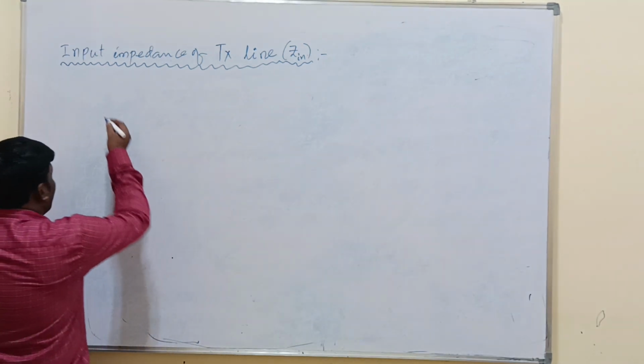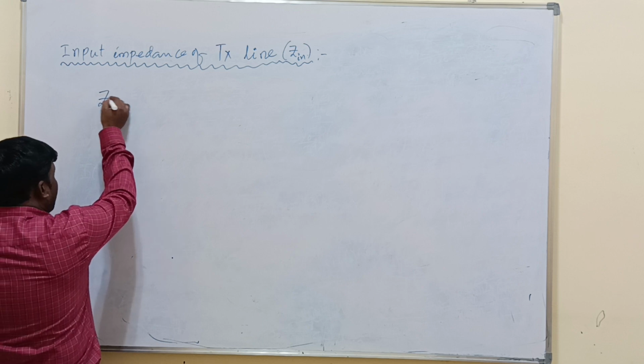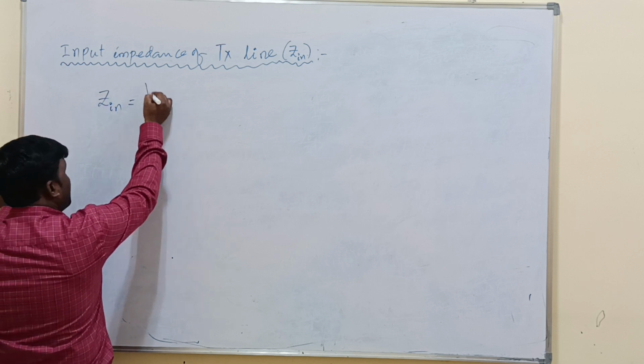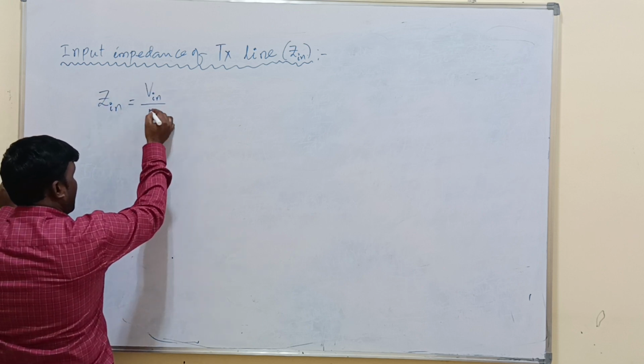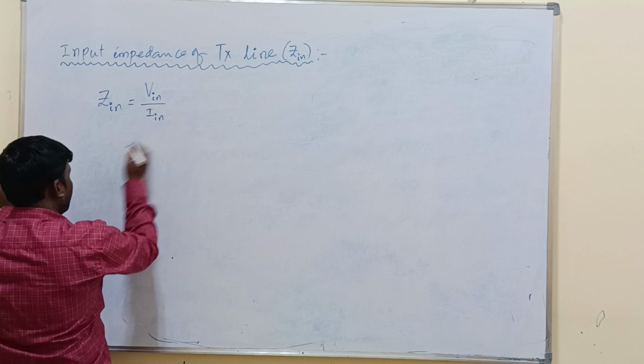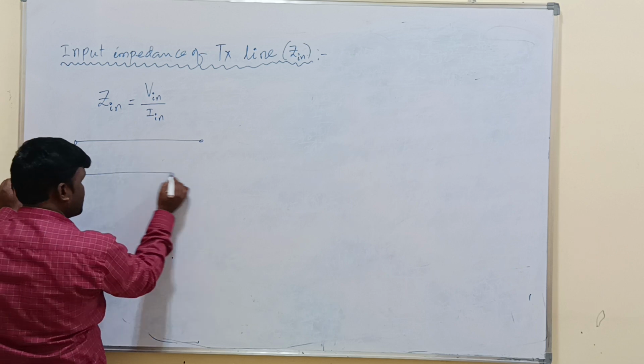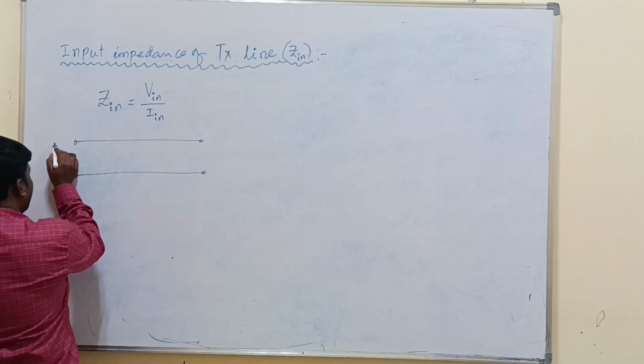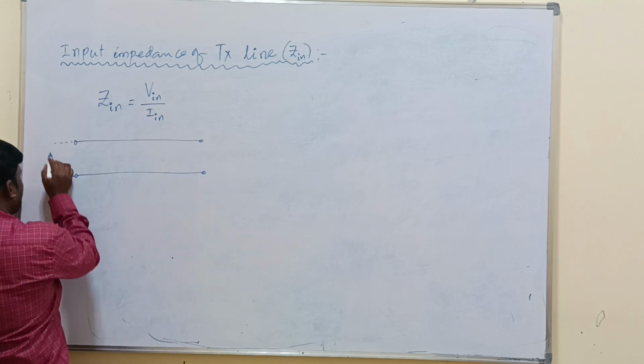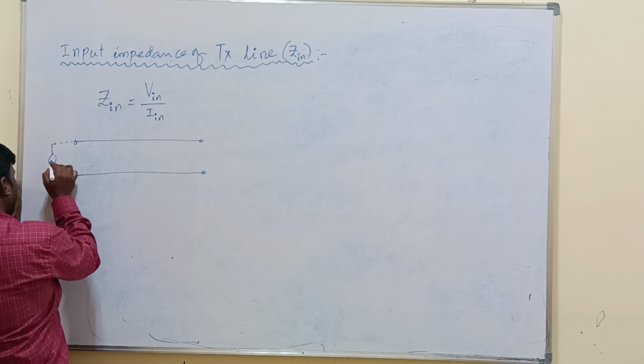Here we can write Zin as Vin by Iin. Now let us see what Vin and Iin are. Generally, a transmission line is used to transmit the signal from source to load.